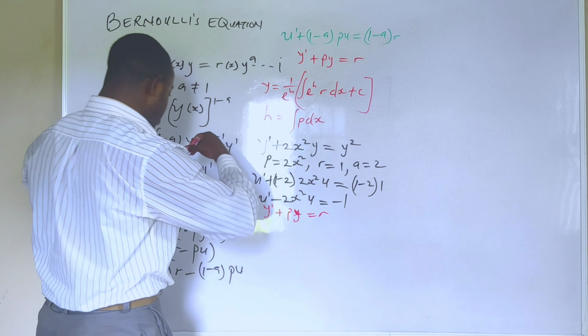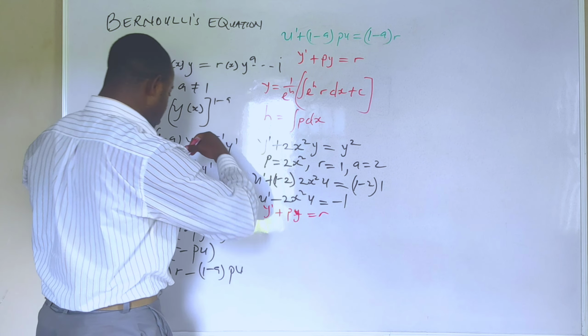If we evaluate this integral, this is going to be equal to negative 2x raised to power 3 divided by 3. So the integrating factor is going to be e raised to power negative x cubed. Let us go on and put that in there.